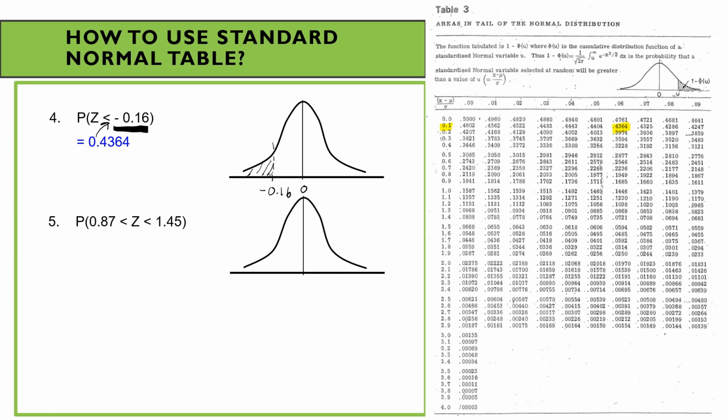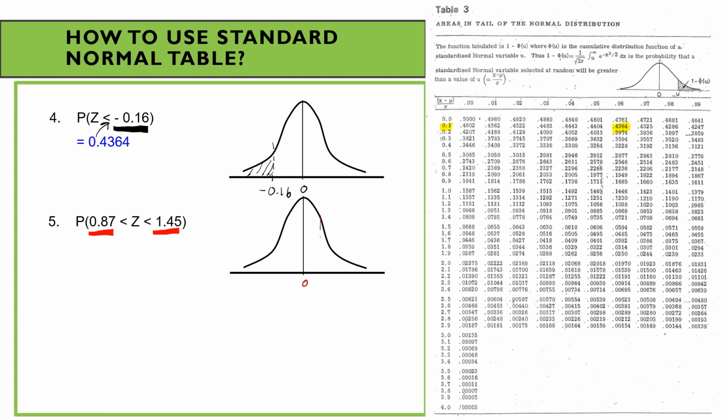So first step, find the shaded region. The first value is 0.87, the second value is 1.45. Both numbers are positive. Therefore, it is to the right side.